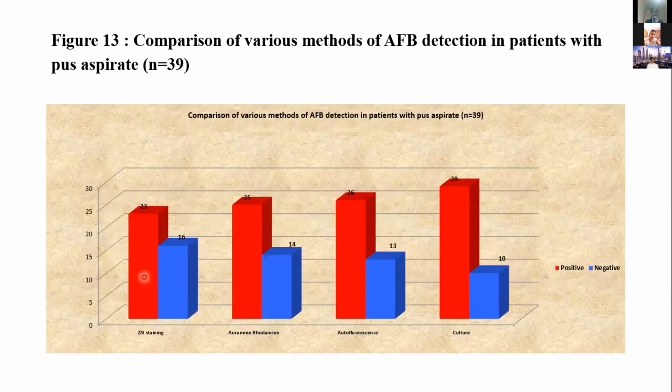Now, out of the 39 patients with pus aspirate on FNAC, Zn staining was positive in 58%, auramine rhodamine in 64%, autofluorescence in 66%, and culture in 74%. The sensitivity of auramine rhodamine staining and autofluorescence was found to be highest, while the specificity was still highest with Zn staining.